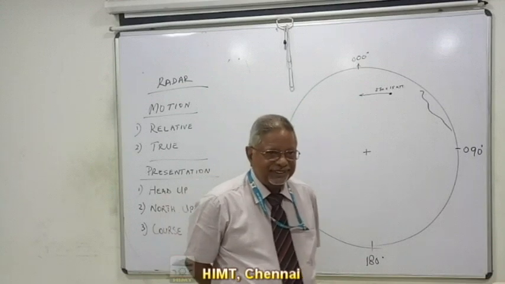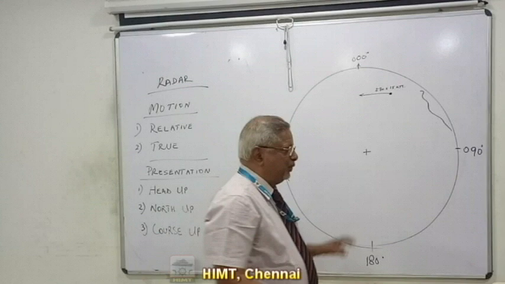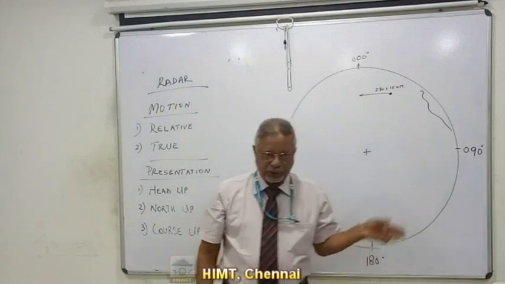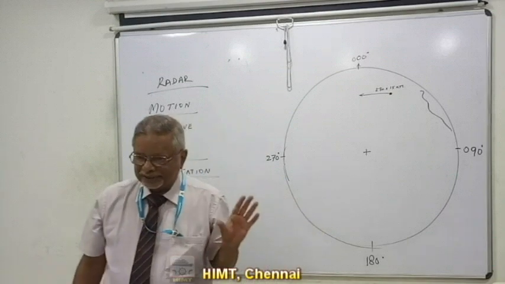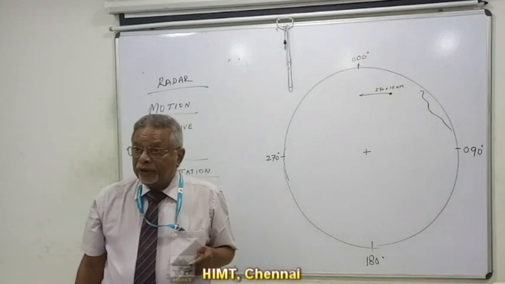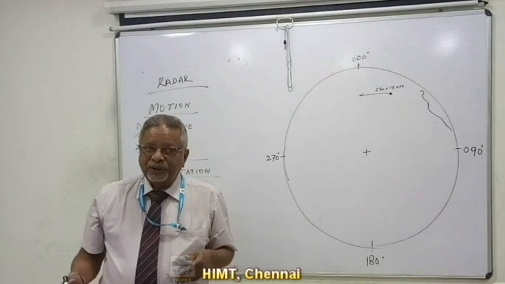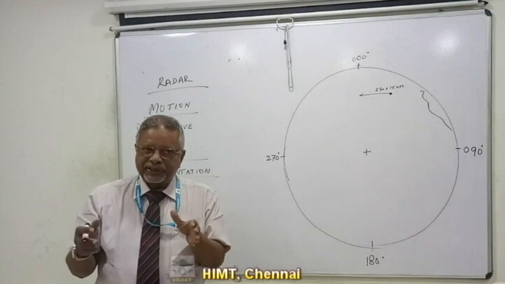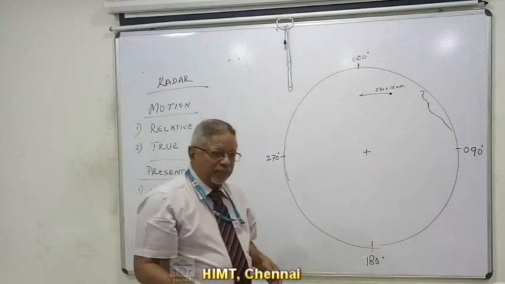Not opposite. Okay. See, since your own motion is not being shown on the radar screen, it has to be shown on the targets, I told you that. So on all targets, your motion will be shown. If it is a stationary target, then the target will move in the opposite direction.